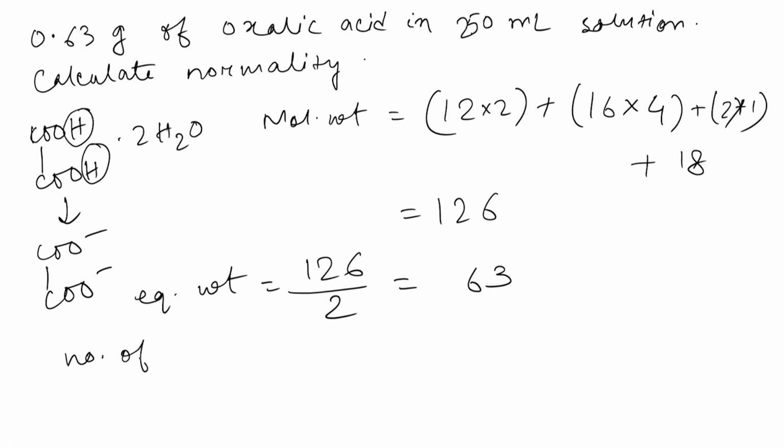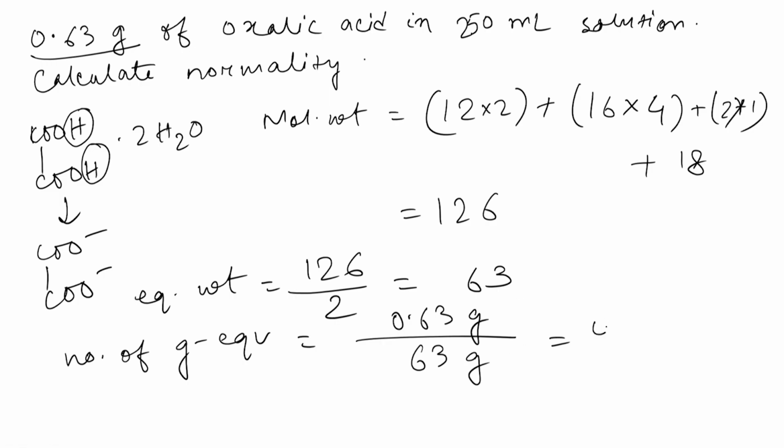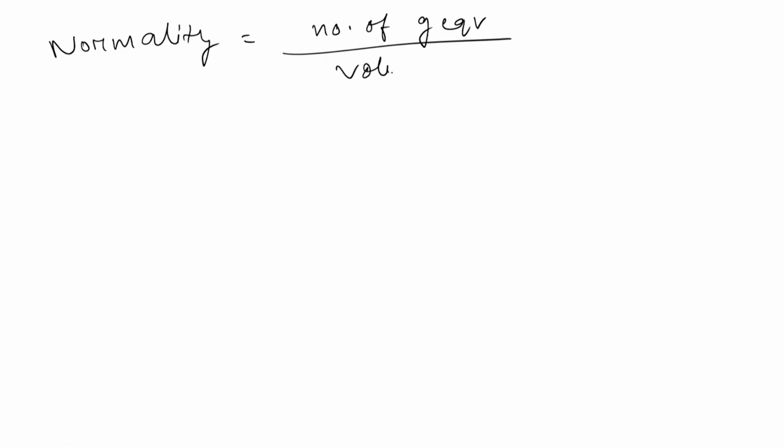So number of gram equivalents is grams, that is 0.63 grams by equivalent weight. So this comes as 0.1. So normality will be number of gram equivalents by volume in liter.